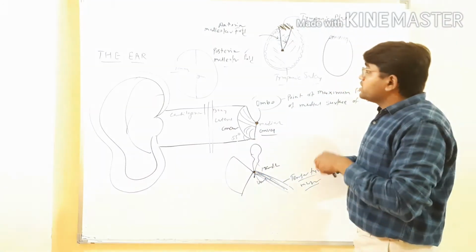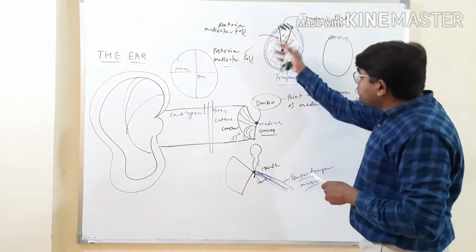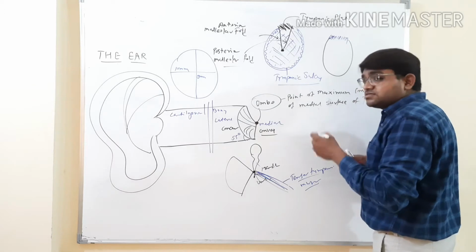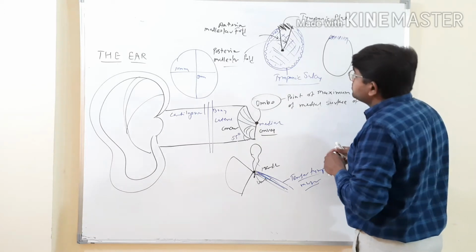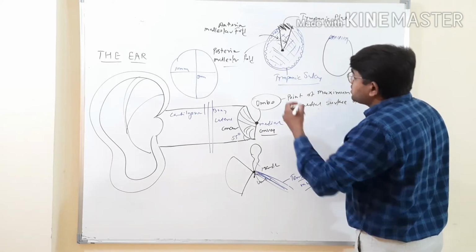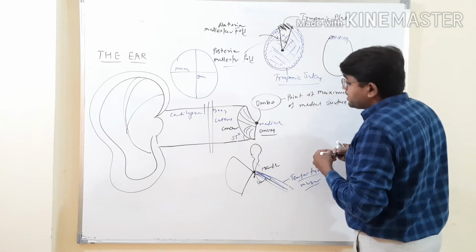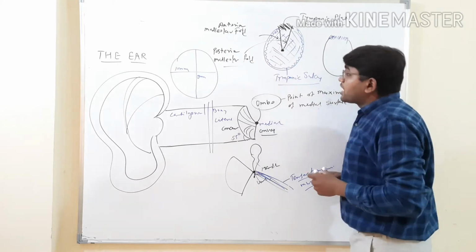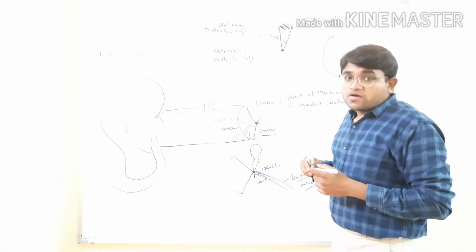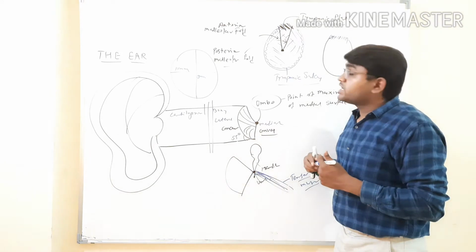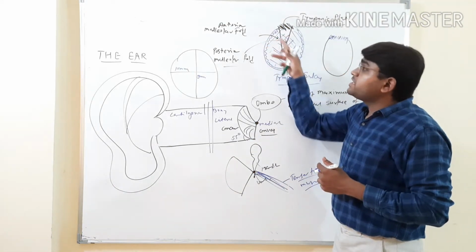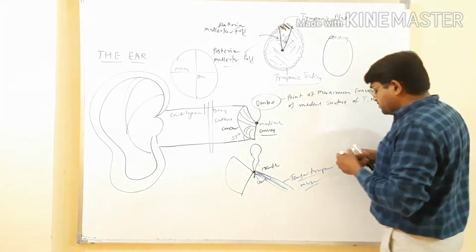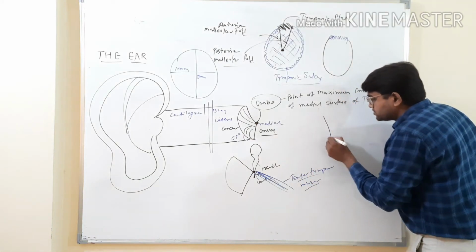Okay, so this tense part of the tympanic membrane is known as the pars tensa. But the part between these two malleolar folds remains flaccid in nature, remains loose in nature, and this area in between these two malleolar folds is known as the pars flaccida. So in the tympanic membrane, there are two parts.